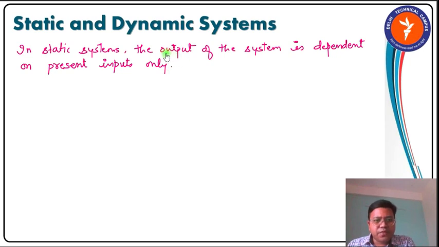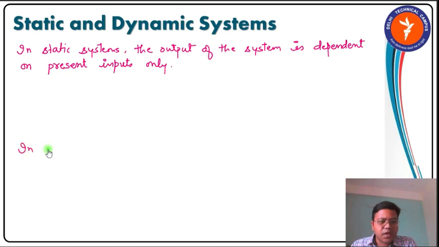That is, if the output is dependent only on the present inputs, then we say the system is static. We'll discuss further more on it, but first let us have a definition of dynamic system as well.